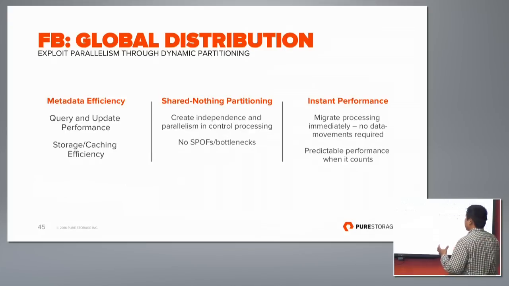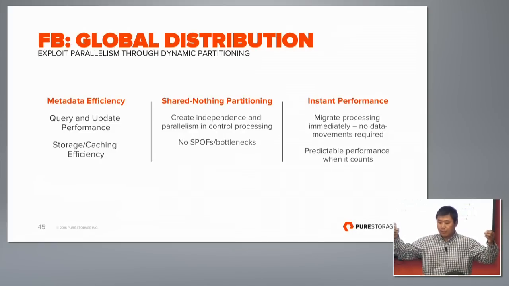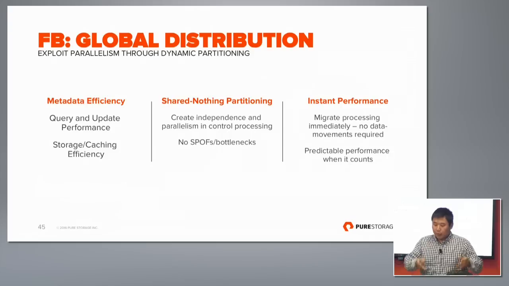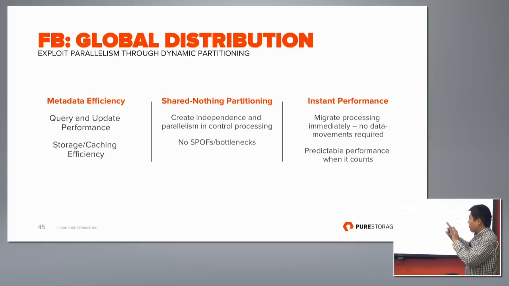So instead of sharing all the metadata, we take that globally addressable body of metadata, and instead of allowing all the compute cores to make changes simultaneously and go through a locking tier, we try to break it up ahead of time and say, some portion of the compute world is allowed to make changes to this portion of the metadata. Some portion of the compute world is allowed to make changes to other portions of the metadata. And then we'll figure out how that all fits together in a bit.